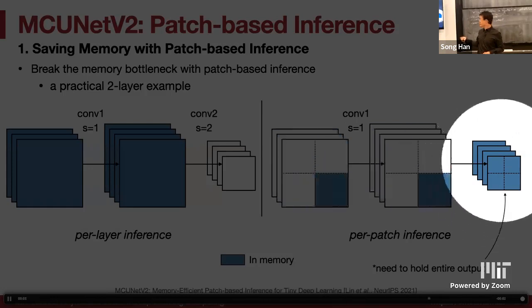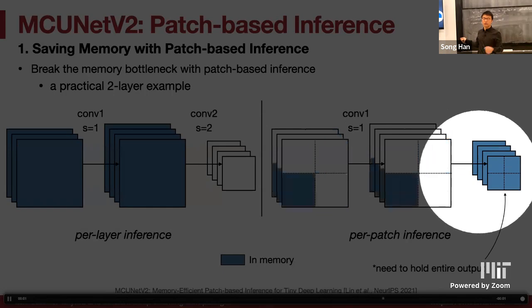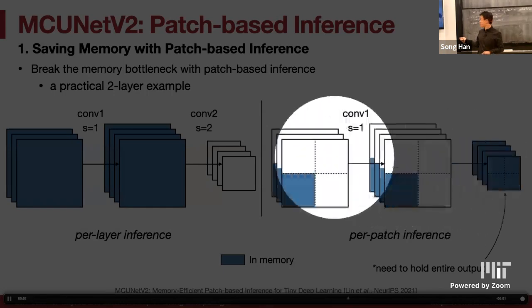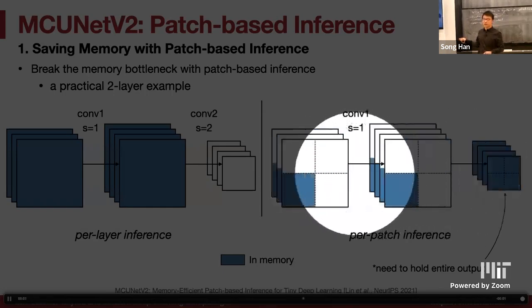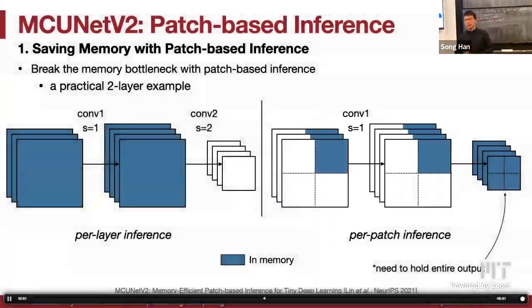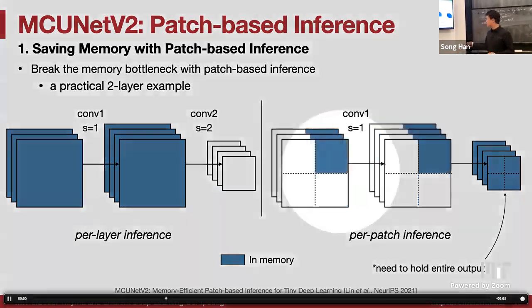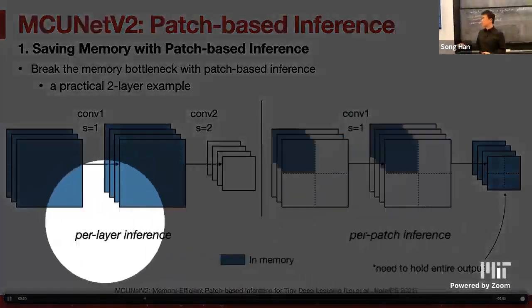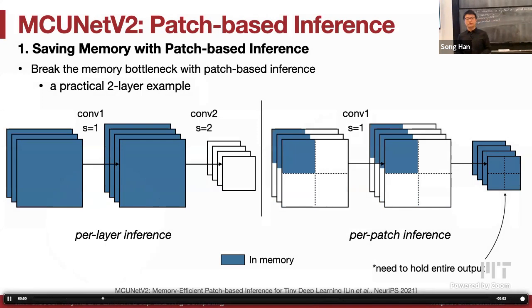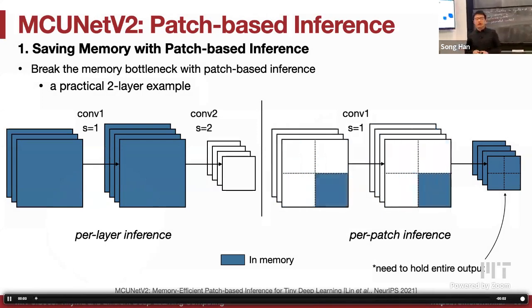So this one has to be everything. We have to hold everything in the memory. But before that, for these larger activations, we can divide them into several patches. So we call that per-patch inference, rather than this kind of per-layer inference. And what is the upper bound of the memory saving in this case? How many times can you save memory?